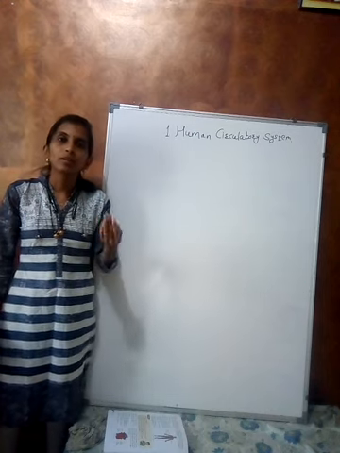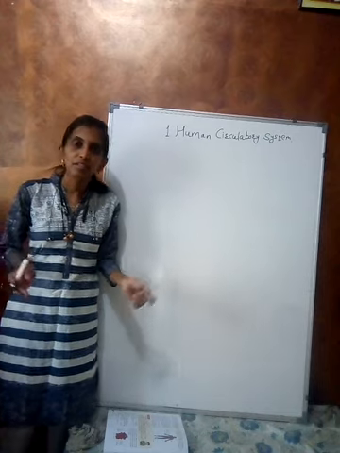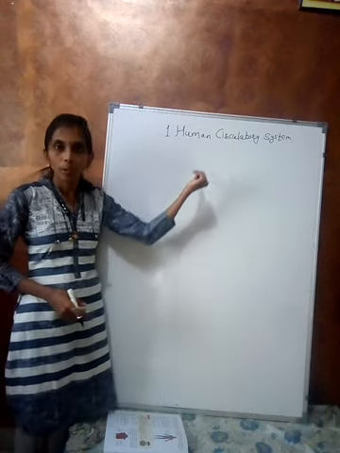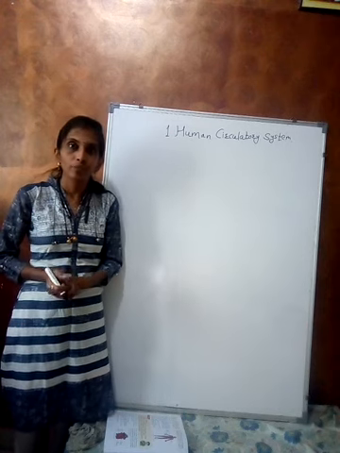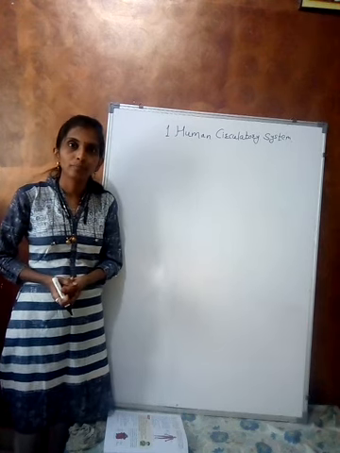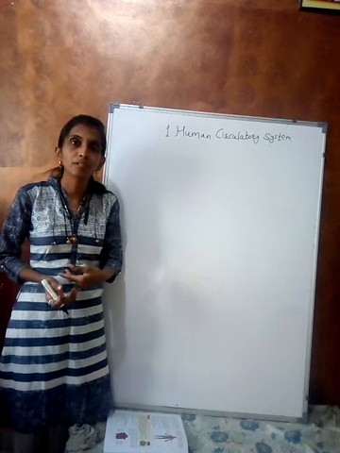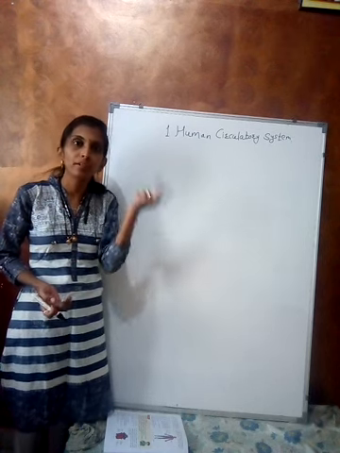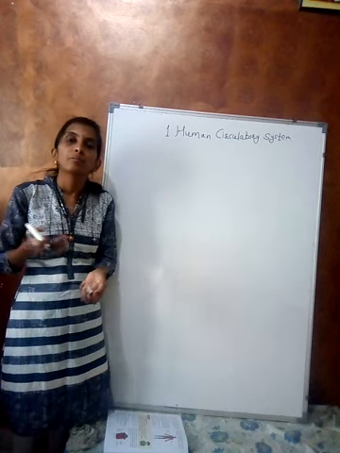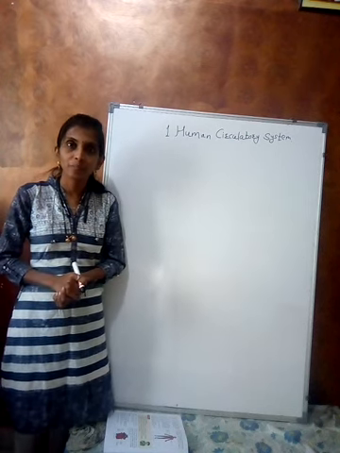You know, in our bodies there are different systems like the circulatory system, digestive system, nervous system. Digestive system consists of the digestion process. Nervous system is related with the brain, and most important, the respiratory system.